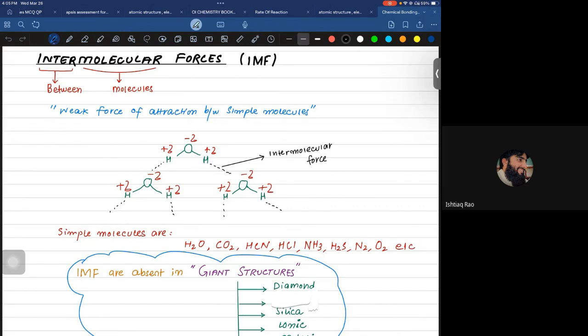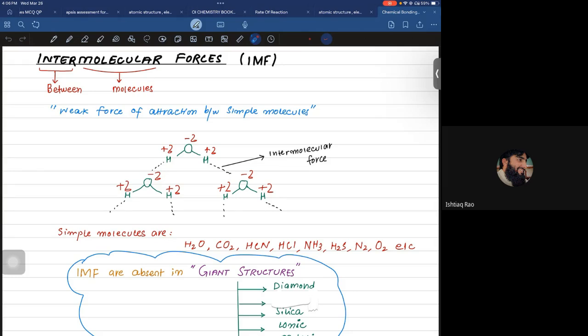So the liquid molecules are attracted to each other in this manner. As you can see, they are attracted together. These dotted lines represent intermolecular force, the force which attaches the two molecules together.